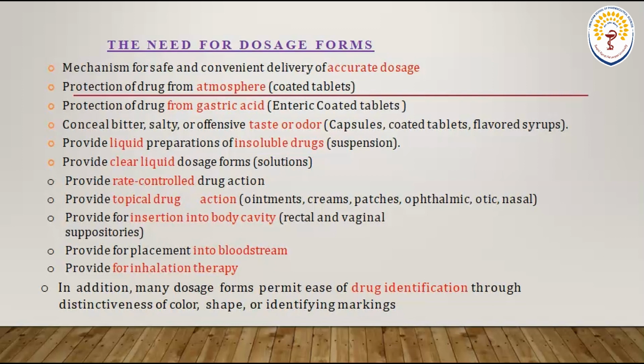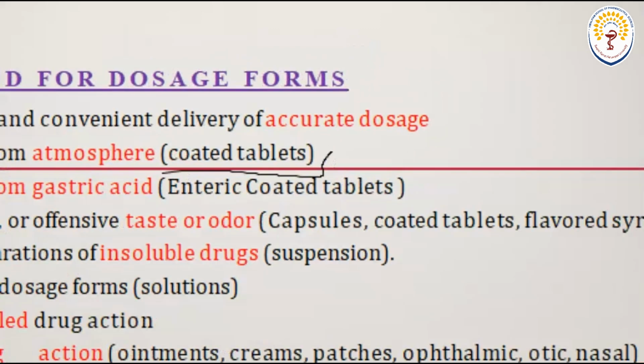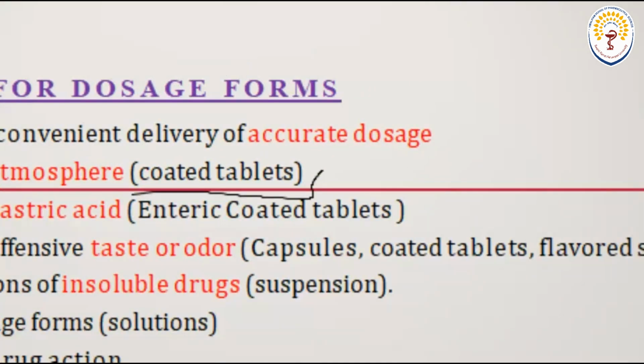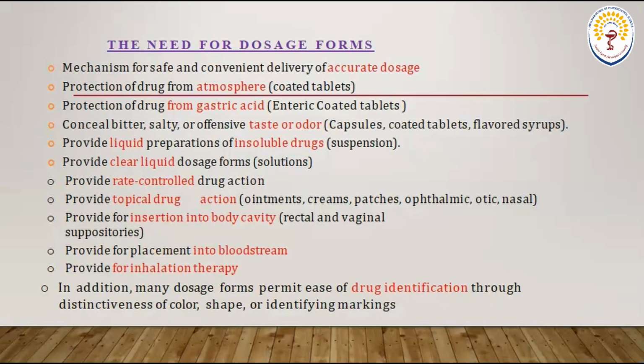Best example for drug protection from atmosphere is the film coated tablet. Here we give the coating of polymeric film on the tablet to avoid atmospheric degradation.